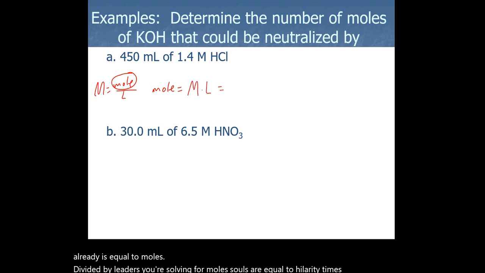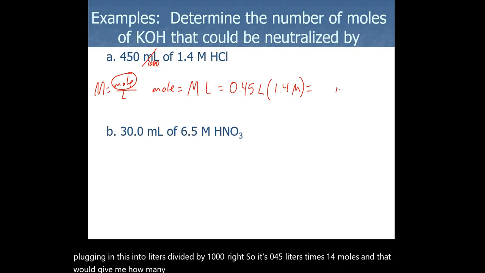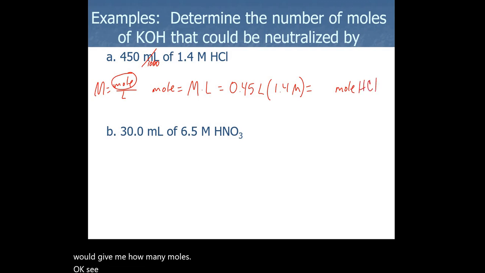Plugging in, to get this into liters, divide it by 1,000. So it's 0.45 liters times 1.4 molarity, and that would give me how many moles of HCl would need to be neutralized.